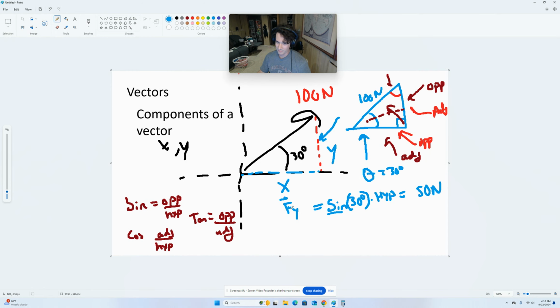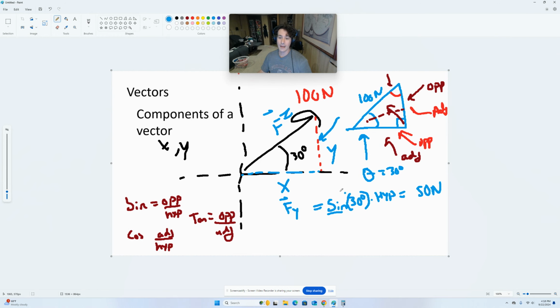The vector F, in this case, I should call it that, that would be consistent. If I called it vector A, then I would do Ay, but in this case it's F. So the y component of vector F is equivalent to the sine of 30 times the hypotenuse, which in this case is 100 newtons.